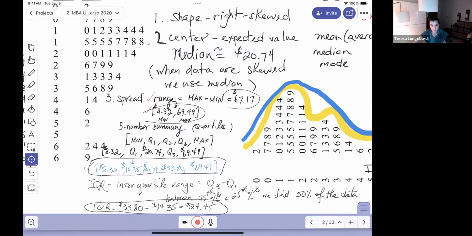I just got a different number. 19.45. $19.45. Do you see what you did wrong, Lucero?